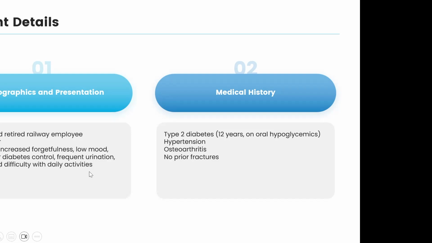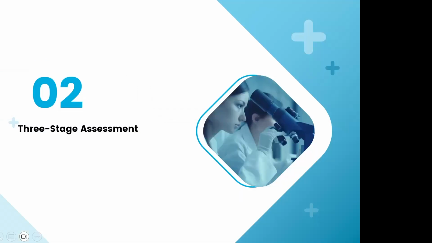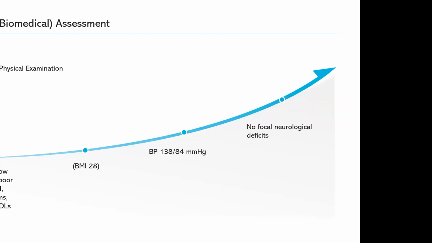Now, this is probably because of his lethargy, poorly controlled diabetes, osteoarthritis, and low mood. Everything seems to be interrelated, right? So the aim of this discussion is to see how, in such complex situations, we can pick and connect things.